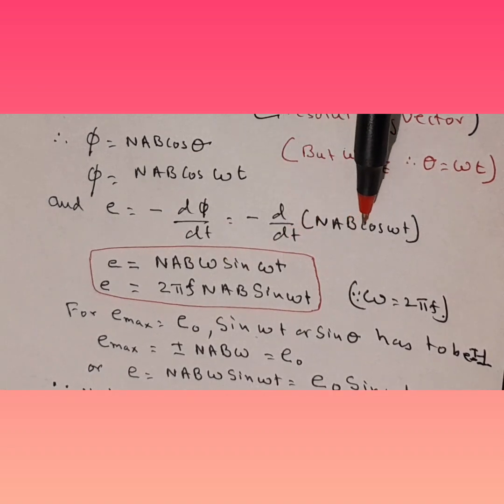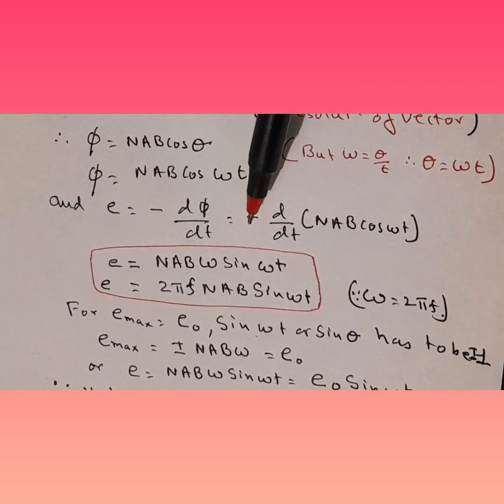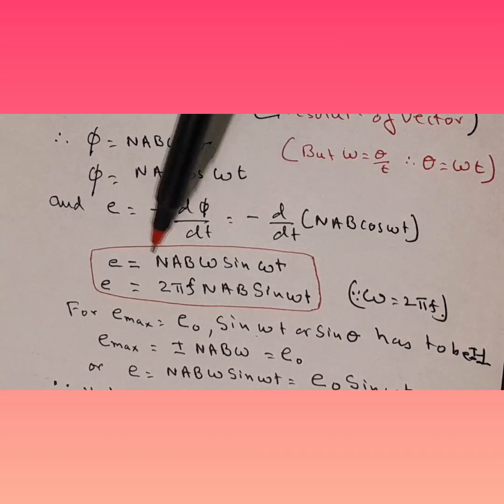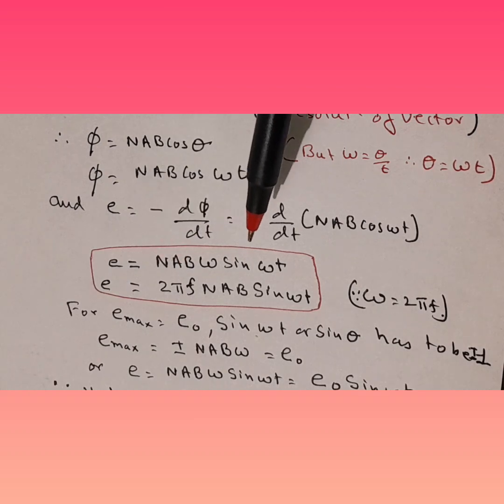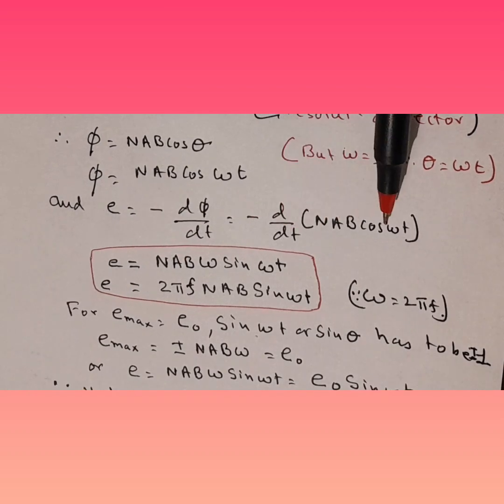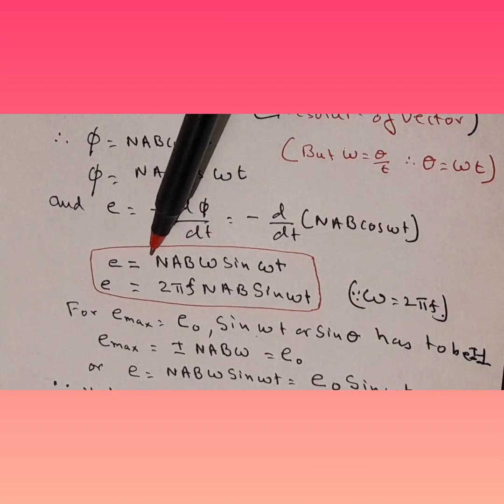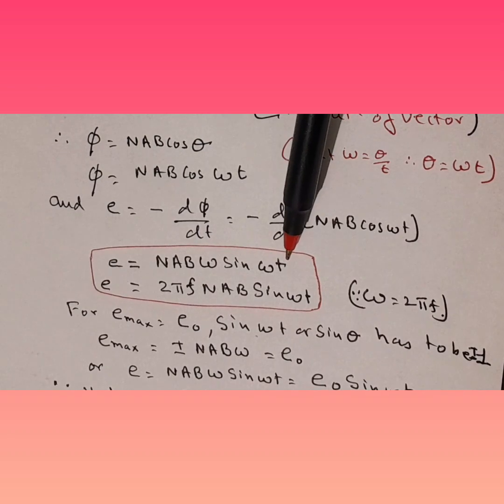Since d by dt of cos gives a negative, this negative and negative cancel and it becomes positive. So it is positive NAB omega sin omega t.